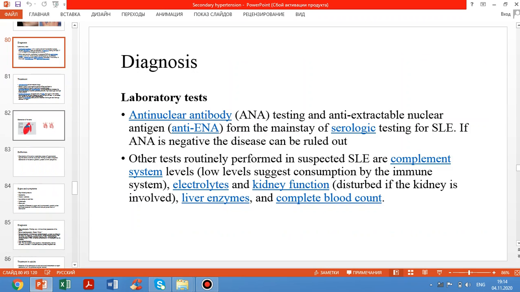Other tests routinely performed in suspected systemic lupus erythematosus are complement system levels, electrolytes and kidney function test, liver enzymes, and complete blood count.